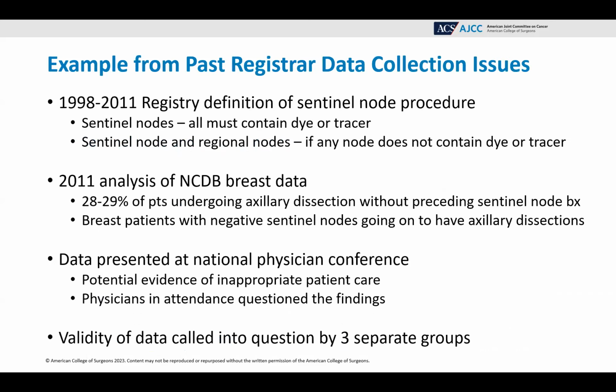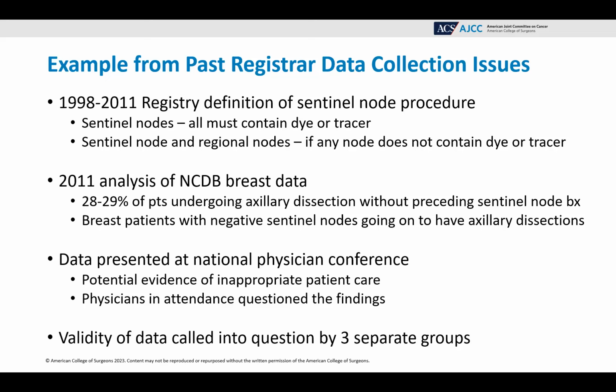And to help even more, here's an example from past registrar data collection issues. Maybe this will also help put it into perspective. From 1998 to 2011, the registry definition written by registrars of a sentinel node procedure was that for sentinel nodes, all of them must contain dye or tracer.